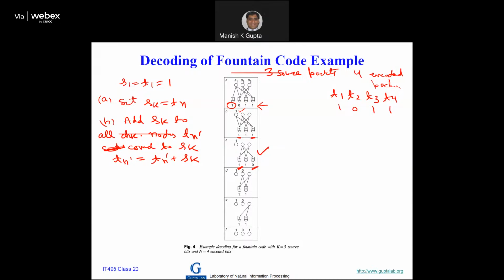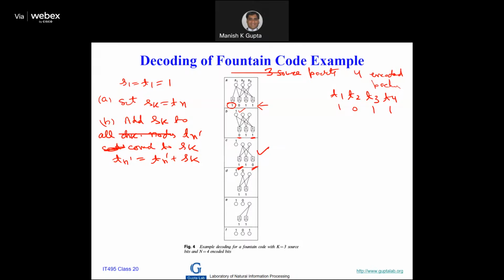Same procedure we will repeat for the next iteration, for S2. You can see which check node has degree 1 now? The last one, right? This one. So I repeat the same procedure. I'll copy this 0 bit to S2.